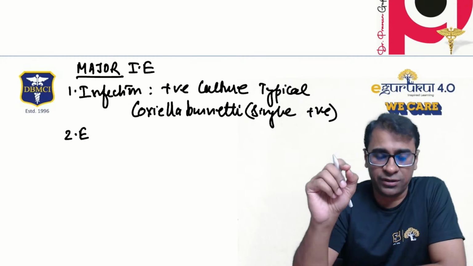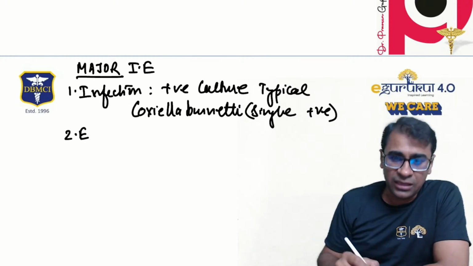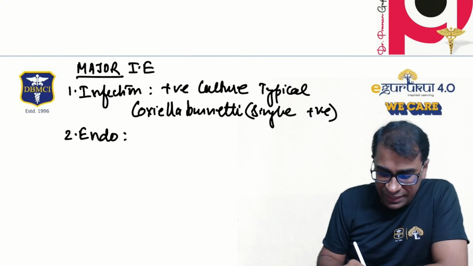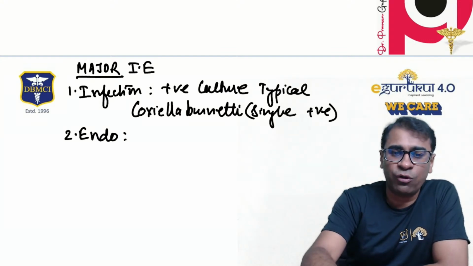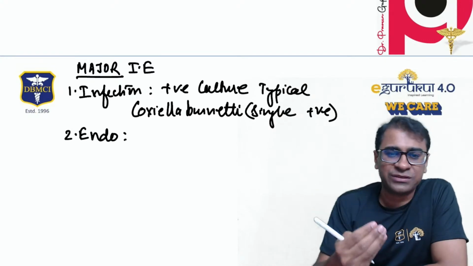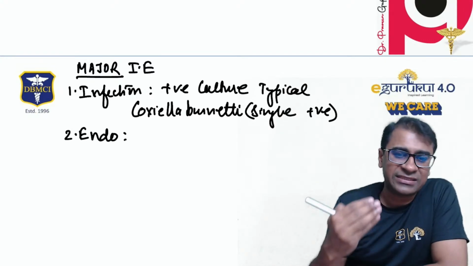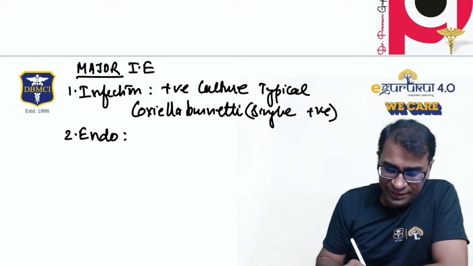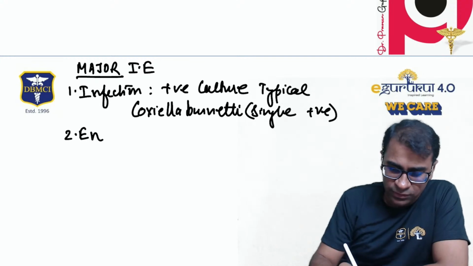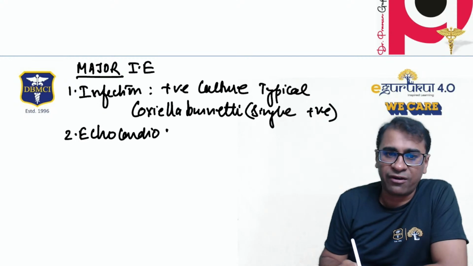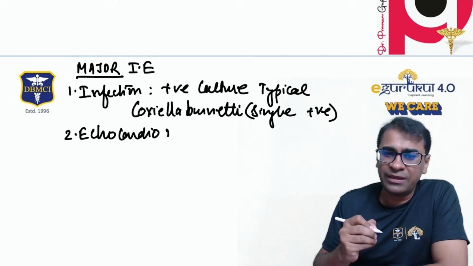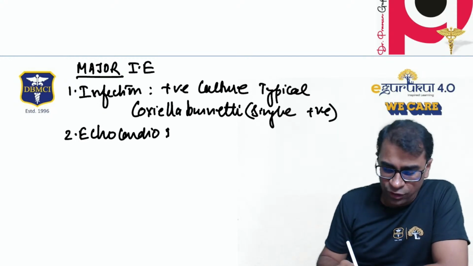That's very, very important. And second is the E, मतलब endocarditis. In the endocarditis, you have to look for the echocardiography, and it should be a positive echocardiogram, or it can be an abscess, it can be a new dehiscence of the prosthetic valve. Okay, it can be echocardiography in which it can be any type of anatomical deformity of the valve.